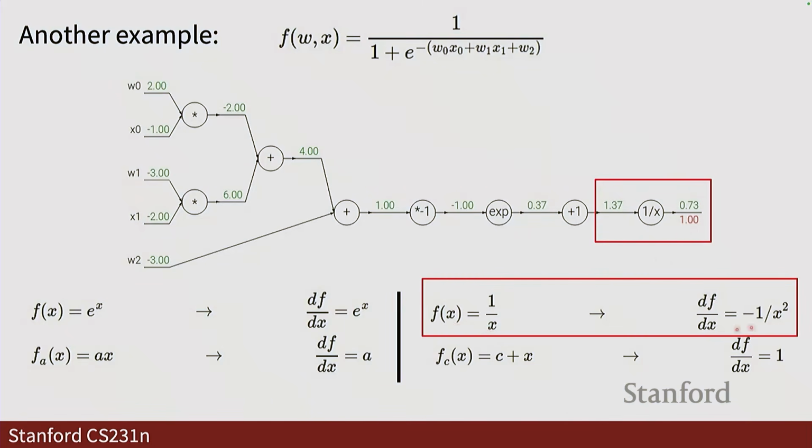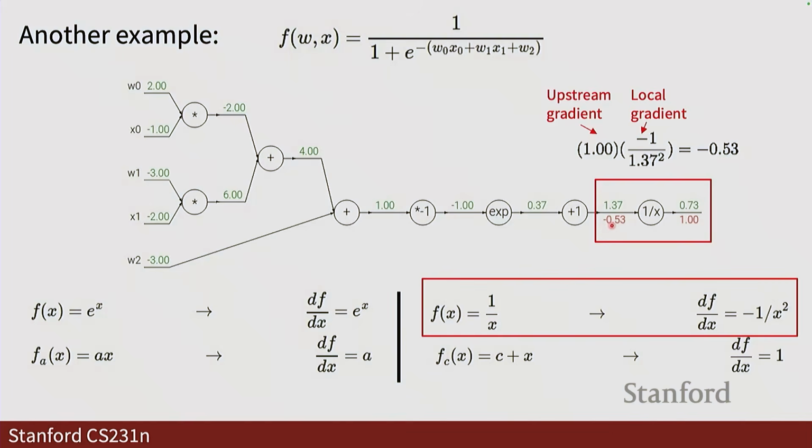Using this rule, the derivative of function 1 over x, now we can calculate upstream. I said it's 1 always at the end. The local gradient could be minus 1 over x squared. What is the value of x? Whatever the input is. So this calculation results in negative 0.53.